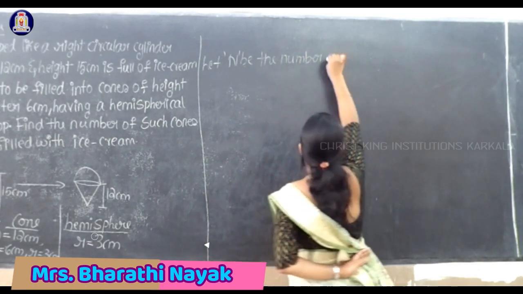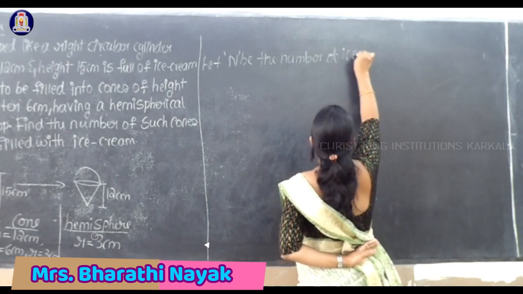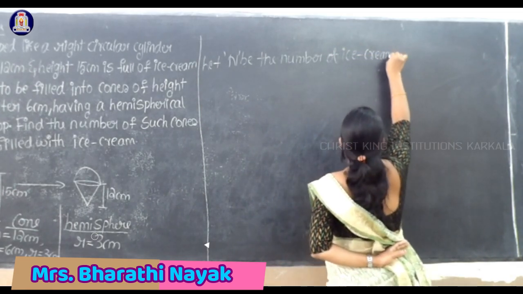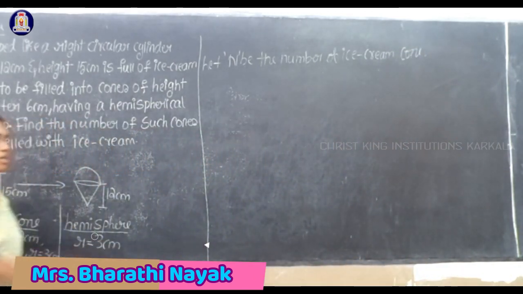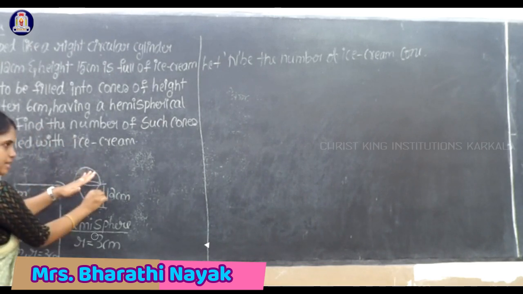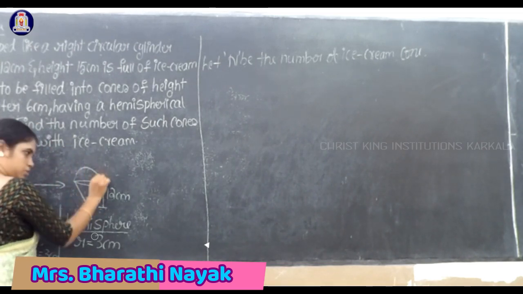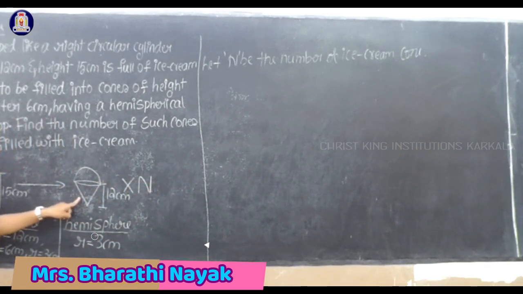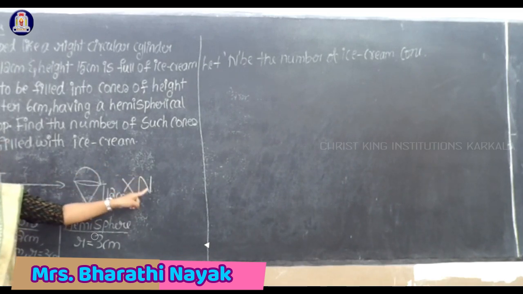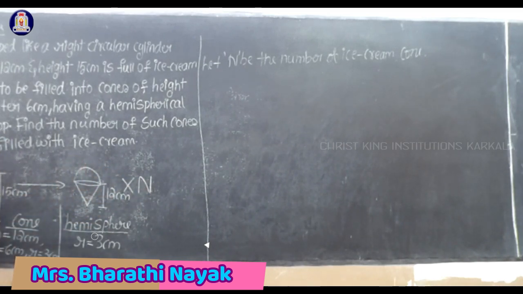Initially the ice cream was contained in one cylindrical container. Later I will shift this ice cream to the cones with hemispheres. There are N such cones, so your question is to find the N value.